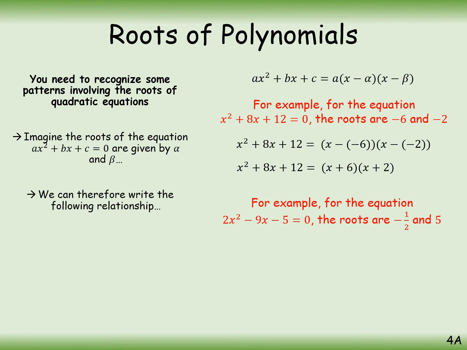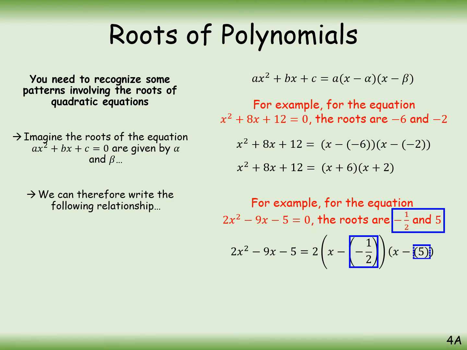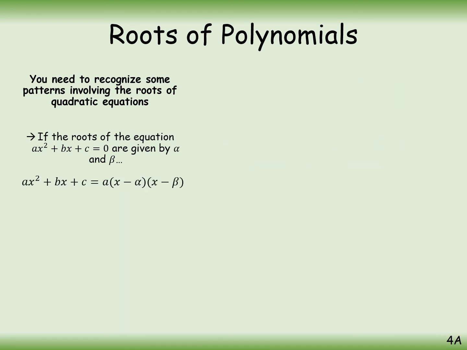For example, for the equation 2x squared minus 9x minus 5, the roots are minus half and 5. If we use this format, we could write it as (x minus minus half)(x minus 5). So we see the 2 here, so we could write the 2 outside, giving 2 times the brackets.